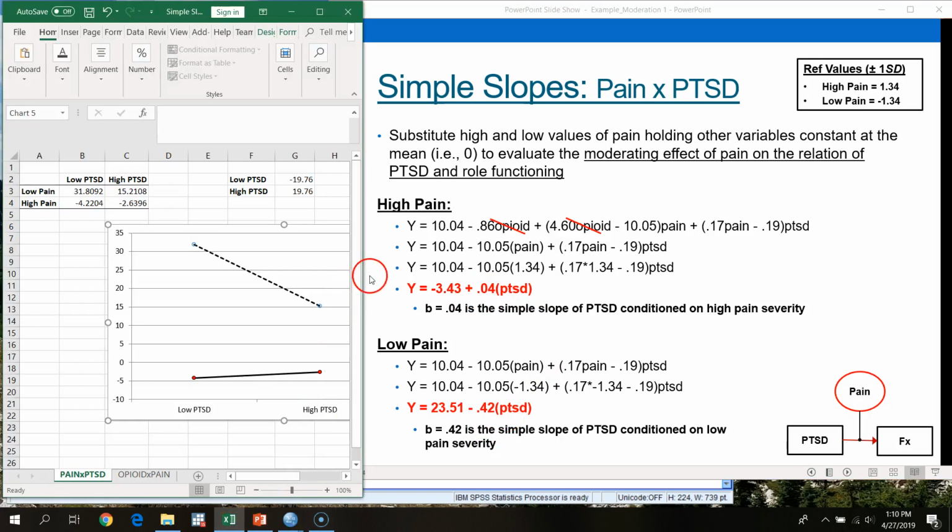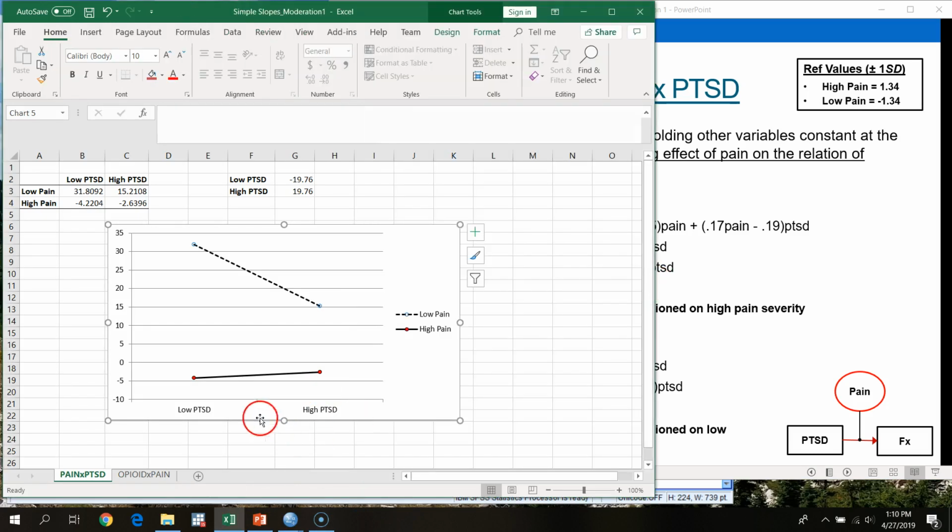And this becomes important because it looks like the coefficient for the relation between PTSD and role functioning at high levels of pain is positive, suggesting that maybe as our PTSD symptom severity gets worse or higher, our role functioning increases. So we want to go through and see whether this is a statistically significant effect, as well as this here.